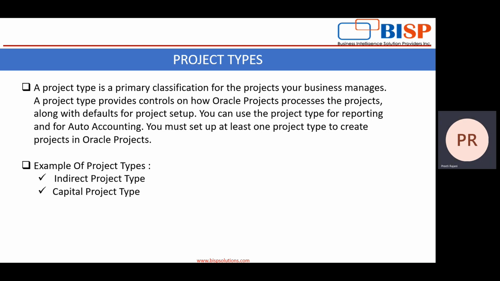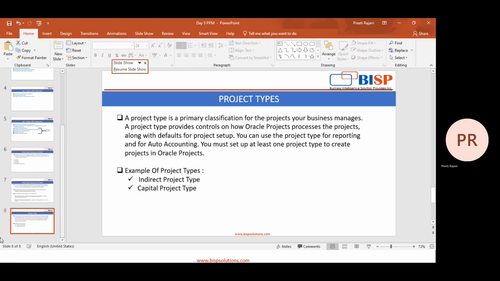So there are some examples of project type, that is indirect project type, capital project type, billing project type. At the time of selecting the classification of organization, we have seen that it was asking you for the project type. Let me show you in the application.